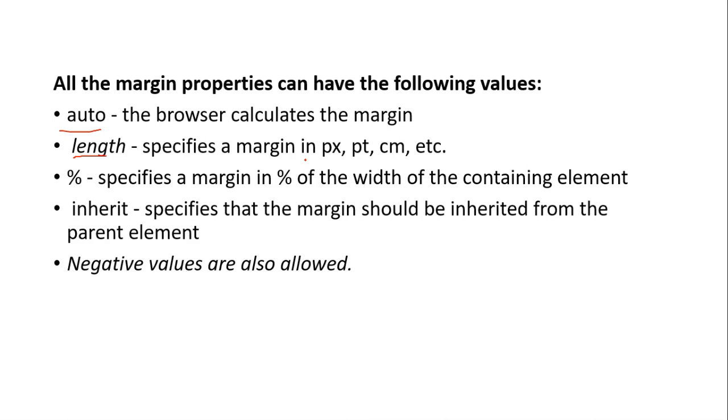Inherit specifies that the margin should be inherited from the parent element. Remember, we can use negative values in margins also. You will learn all these things when we look at the examples.